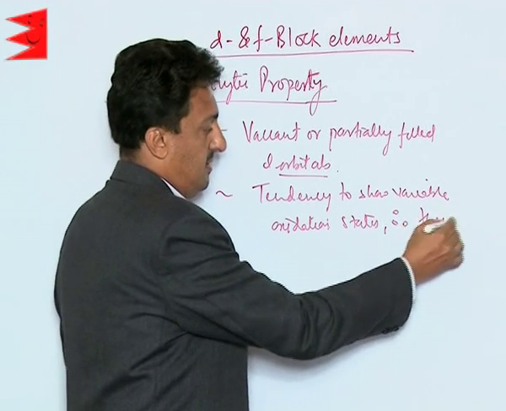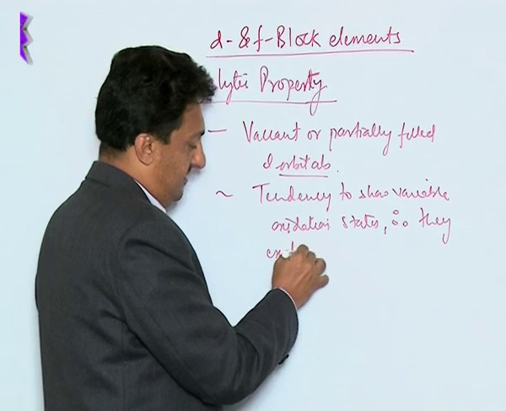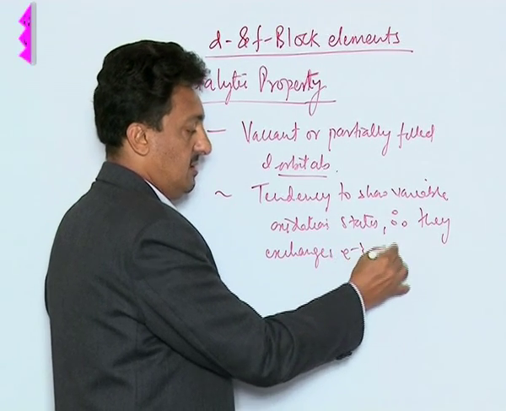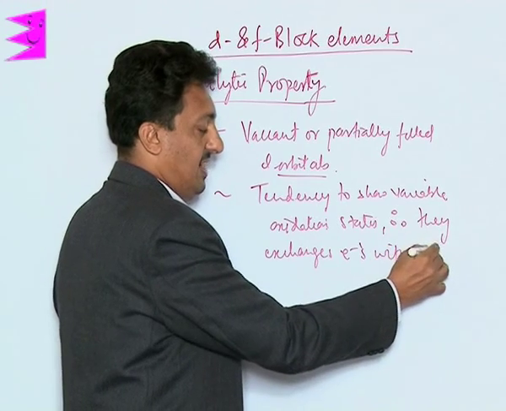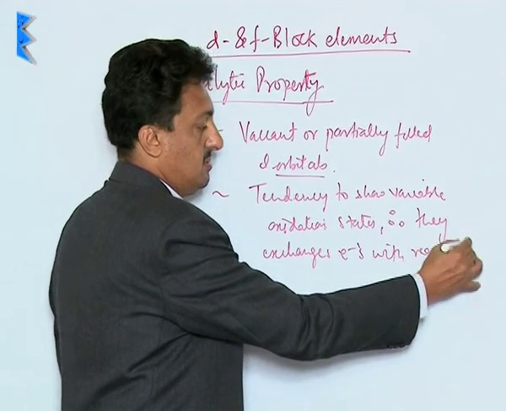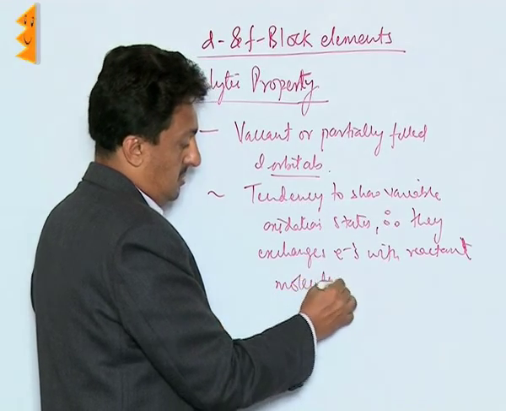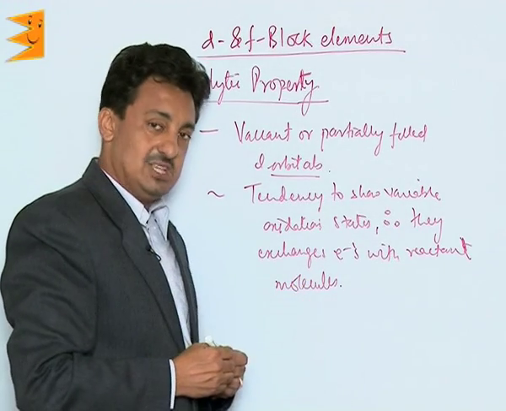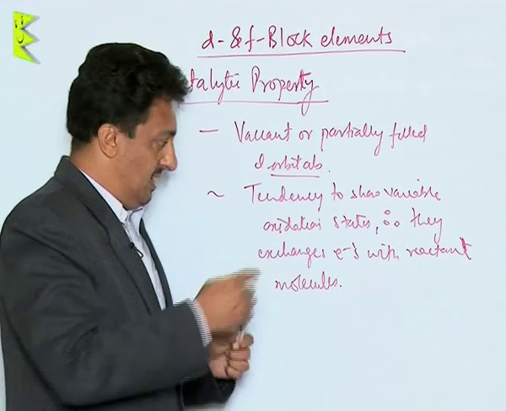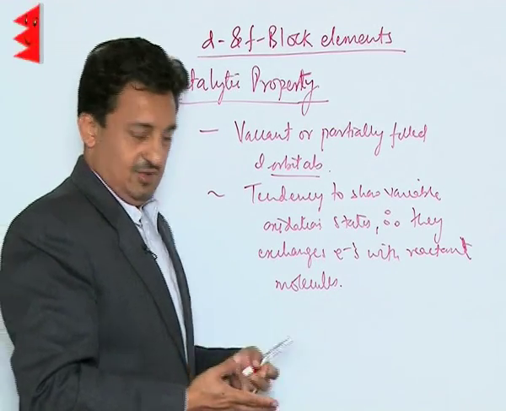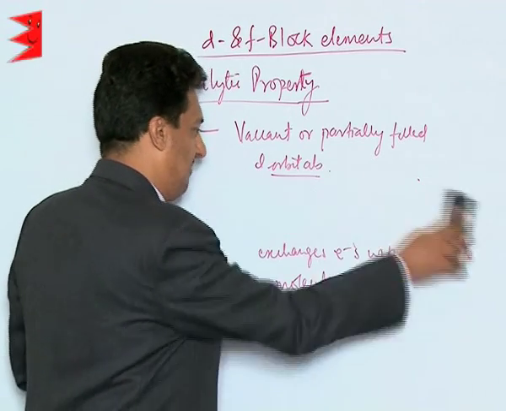Therefore, they exchange electrons with reactant molecules. They exchange electrons with the reactant molecules, and that is how they can increase the rate of the reaction. To explain this, I can give you an example.